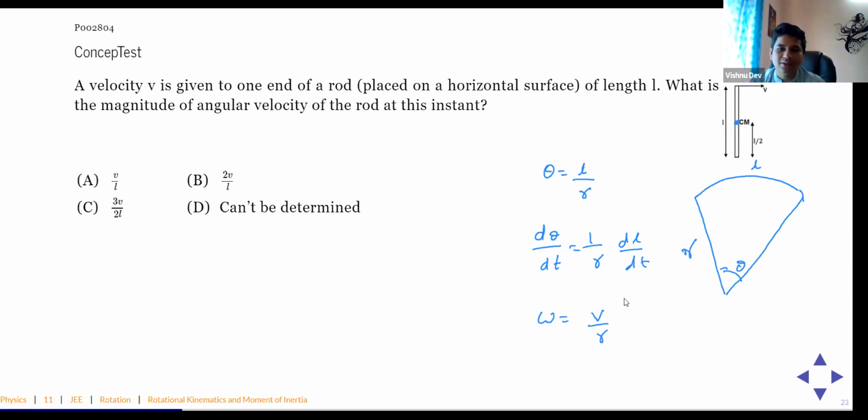You people assumed that it is fixed here. Yes or no? That is what you guys did, right? You assumed it fixed, then you did it. But here it is not like that. It is moving with velocity v. The axis can be anywhere, right? Do you understand? Clear?